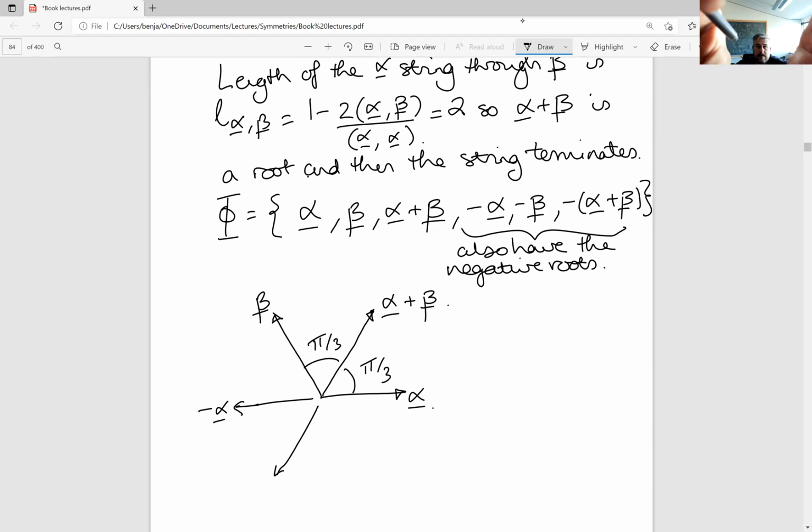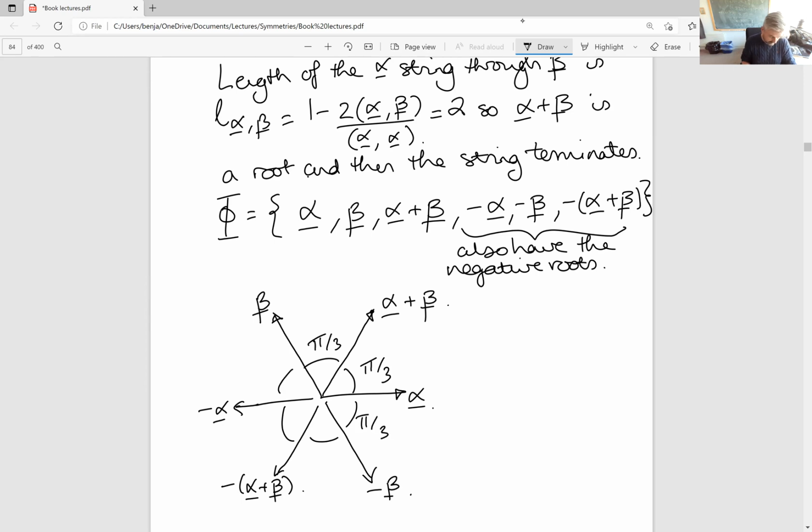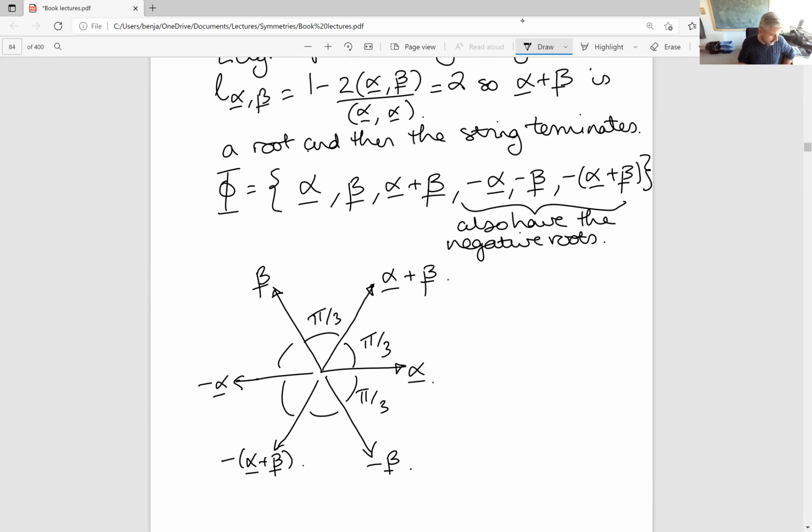All of these angles are pi by 3. And that's our root diagram. So this is our root set phi. Okay, good.